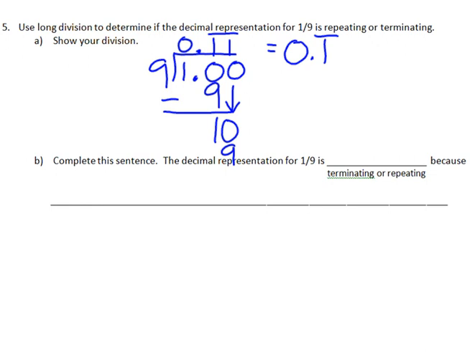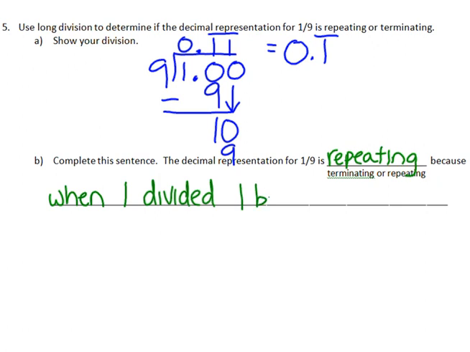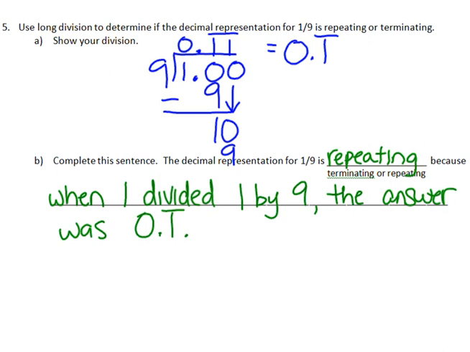So we would say the decimal representation for 1/9 is repeating, because when I divided 1 by 9, the answer was 0.1 repeating.